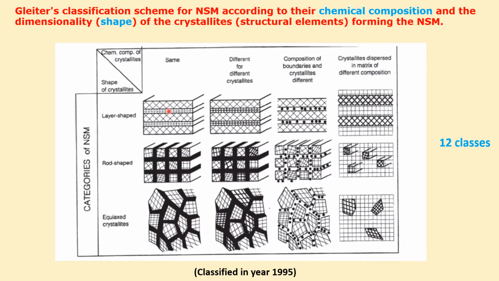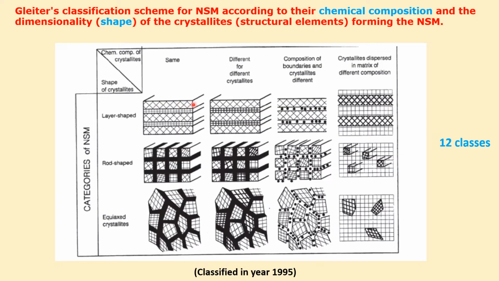The chemical composition may be the same, or it may be different. The composition of boundaries and crystallites may be different, and crystallites may be dispersed in another kind of composition, which is the 4th combination. Suppose we have a layered structure with the same chemical composition.